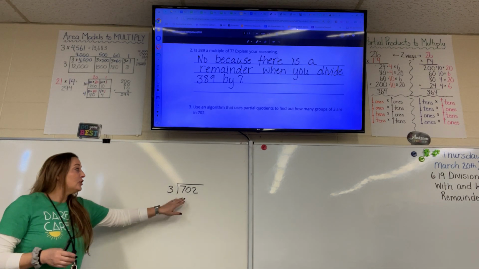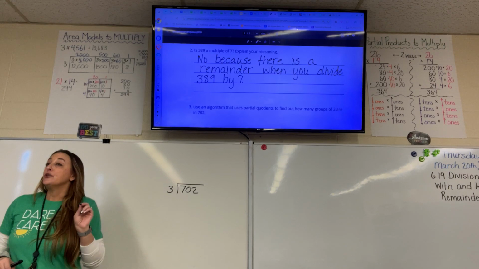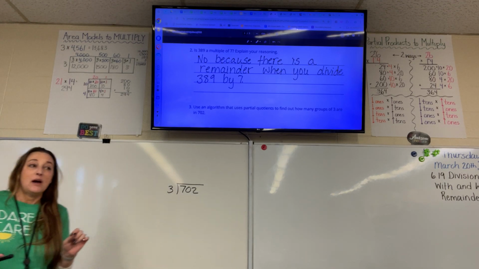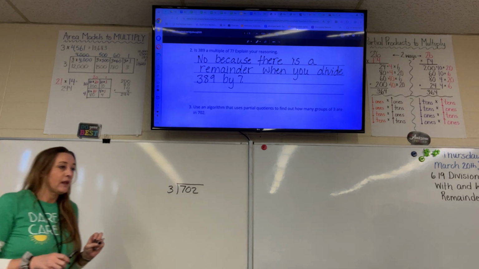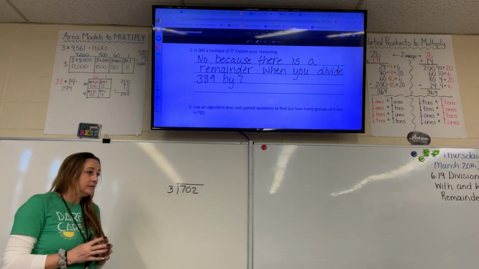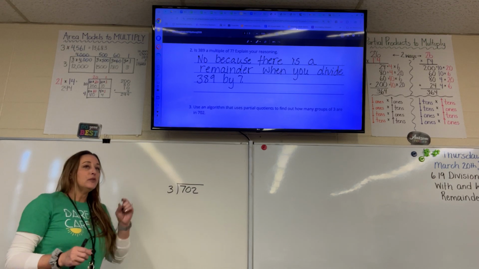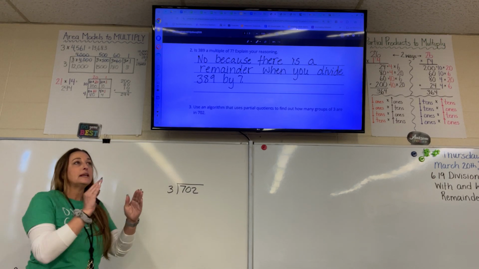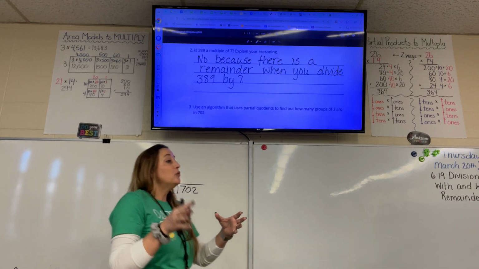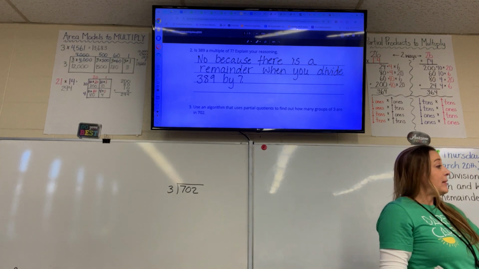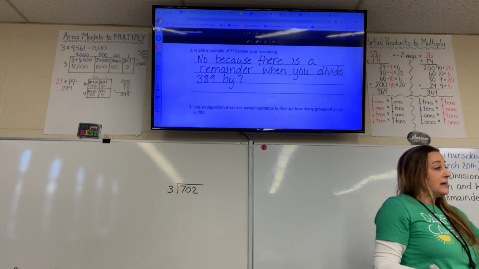I can tell by looking at this that we are not going to have a remainder. Do you know why, Colton? Because that number is even. No. The only rule that has to do with even and odd is for being divided by 2 and 6.